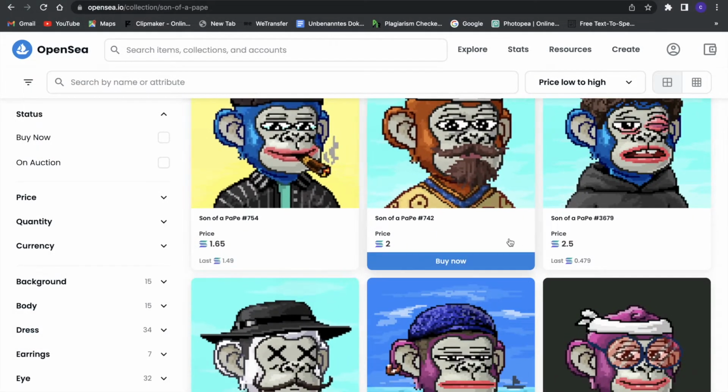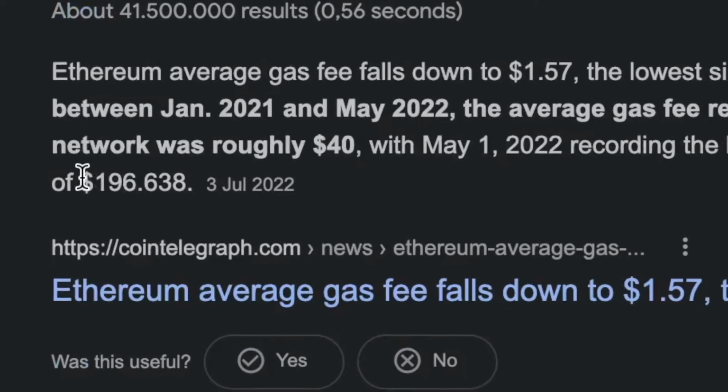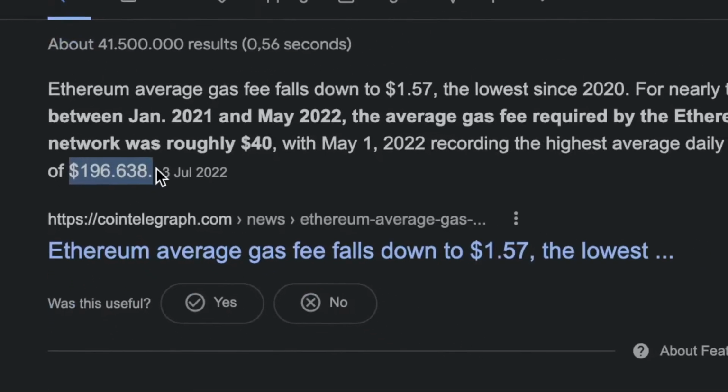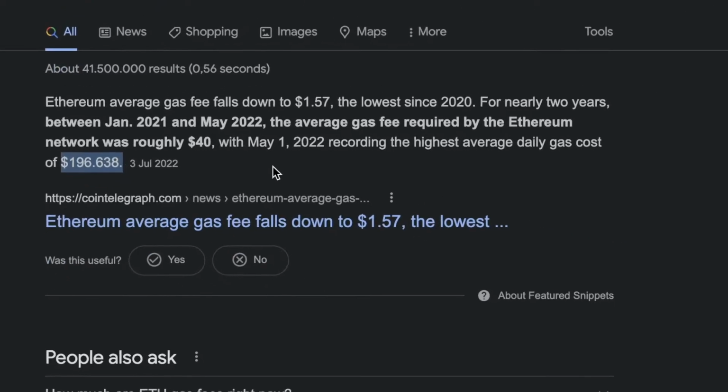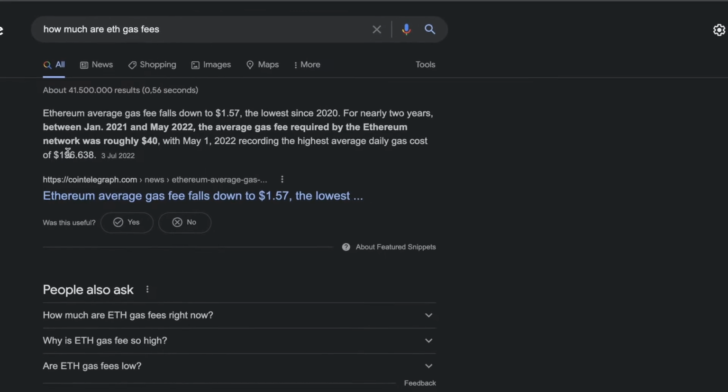So there are really a lot of transactions with a lot of gas fees involved. Currently, Ethereum gas fees range from around $100 to $200 per transaction, depending on how many transactions are currently waiting to be validated. That means that the Ethereum gas fees depend really much on what time it is, so it's often easier to buy things early in the morning because it won't be as expensive.